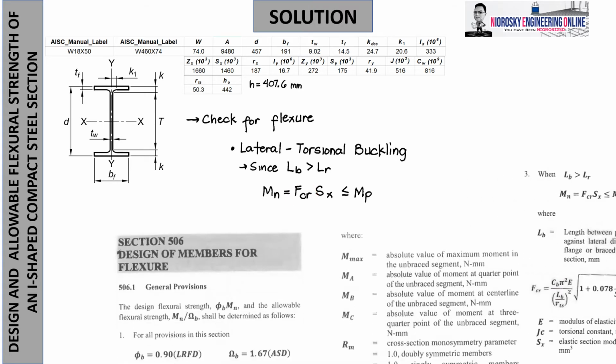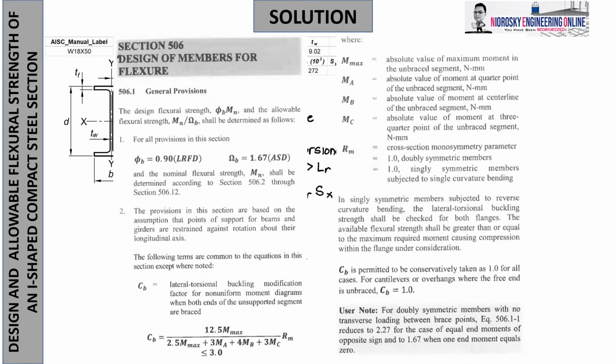So, ngayon, may code provision. So, before we move on that, para makuha pala natin yung strength from LRFD, so we just multiply nominal moment by 0.9. And for ASD, divide natin nominal moment by 1.67 as shown here. Okay? So, yung phi Mn is actually for LRFD as mentioned.